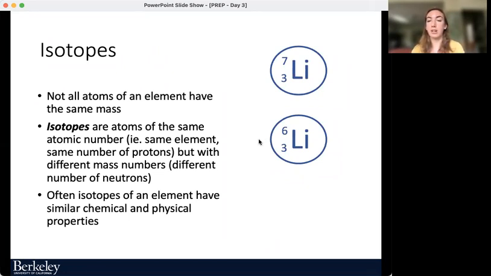And so what is shown on the periodic table, which we'll talk about in a minute, is just an example of one of the elements on the periodic table. This element is called beryllium. It has an atomic number of 4, which means it has 4 protons.